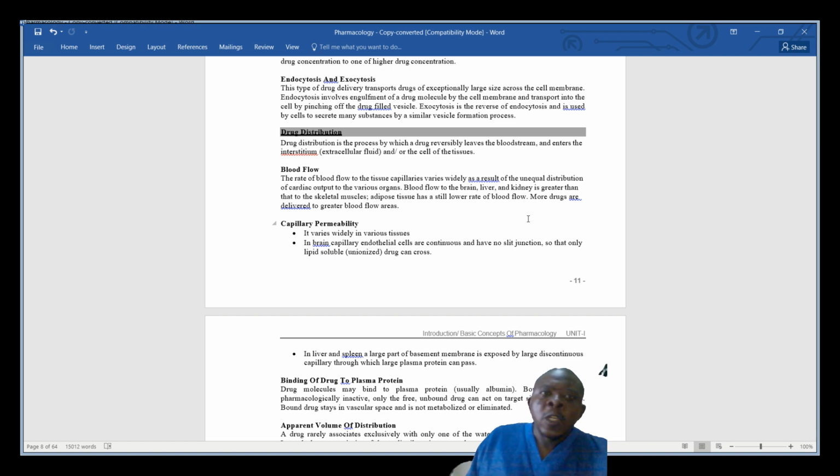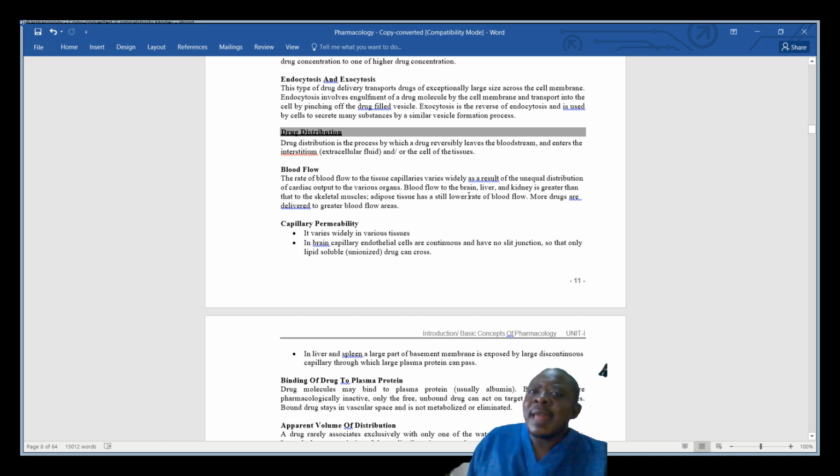Here we are saying the rate of blood flow to the tissue capillaries will vary according to the amount of blood the tissue gets supplied with. As a result of unequal distribution of cardiac output to various organs, blood flow to the brain, liver, and kidney is greater than to the skeletal muscle and adipose tissue.